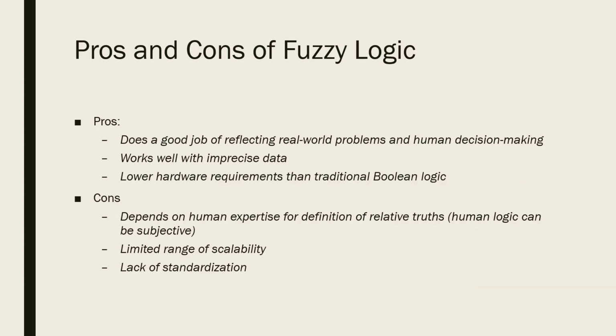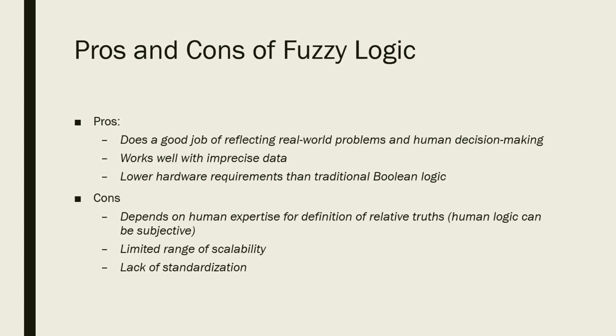So there are definitely both pros and cons of fuzzy logic. The pros are that it does a good job of reflecting real-world problems, it works well with imprecise data, and it has lower hardware requirements than traditional Boolean logic does. The cons are that it depends on human expertise for the definition of production rules.